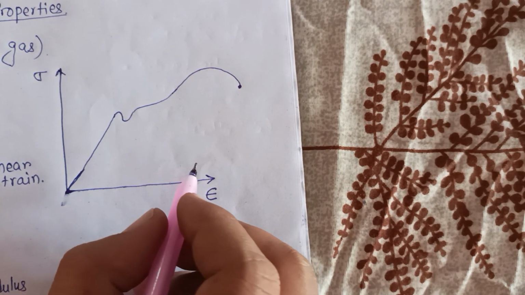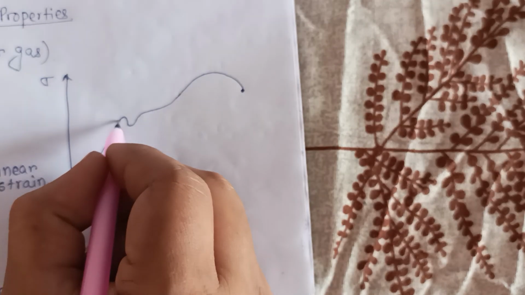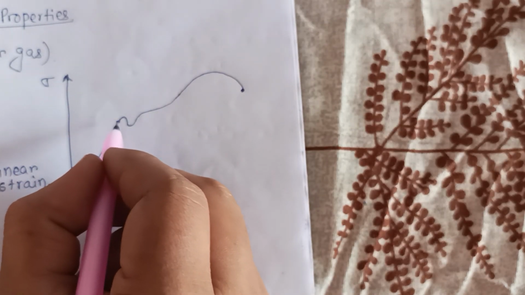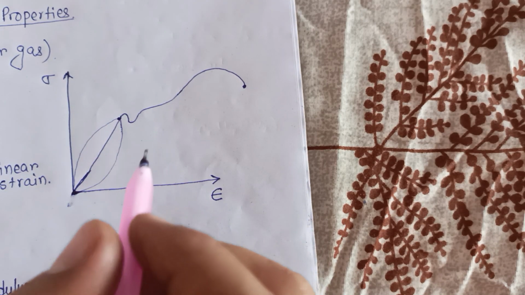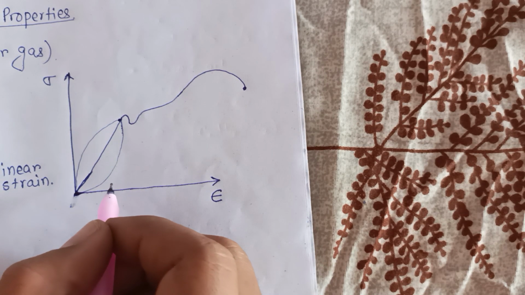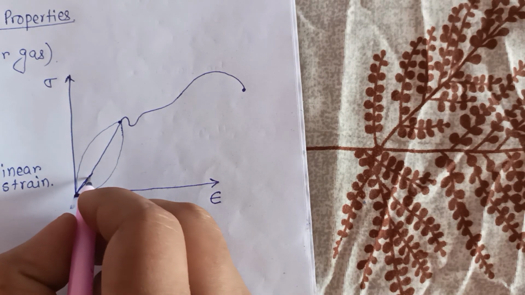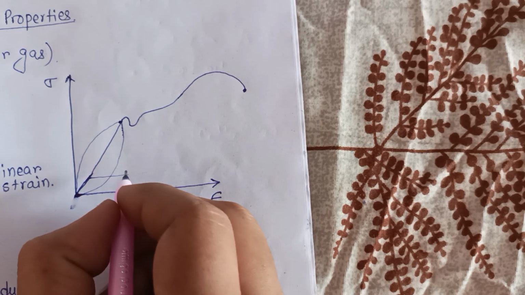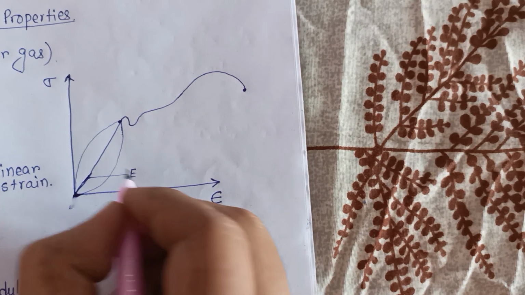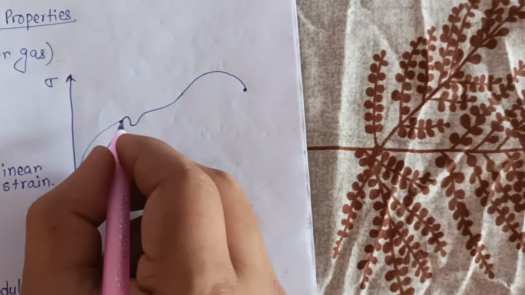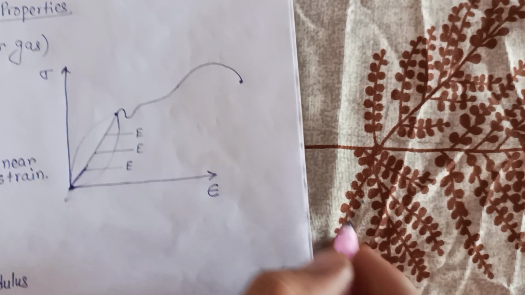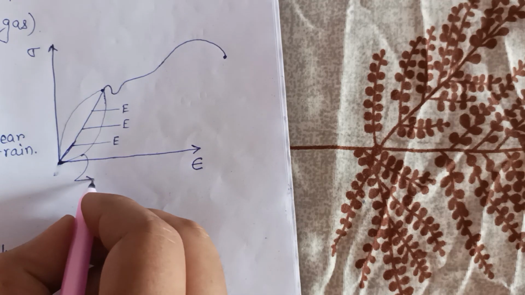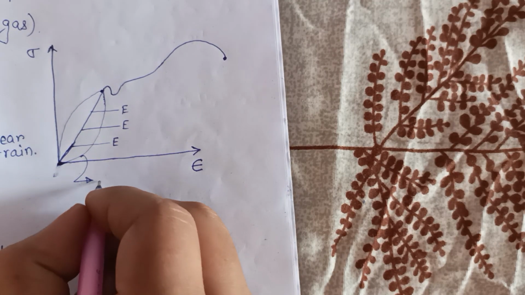Now up till this point, stress is proportional to strain, so the Young modulus E is constant up till this point. This region is called the elastic region.